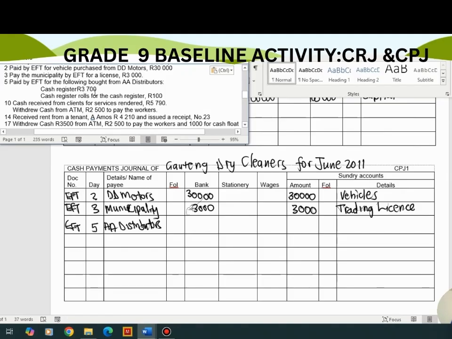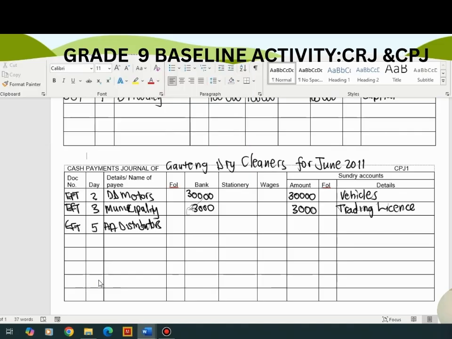They spent 3,700 for cash register equipment, and they also spent 100 for stationery. Because we have to make one EFT for those 2 items to pay the distributor, if we add, it's going to give us 3,800. So 100 rand is for stationery, and 3,700 is for equipment. Cash register is equipment.